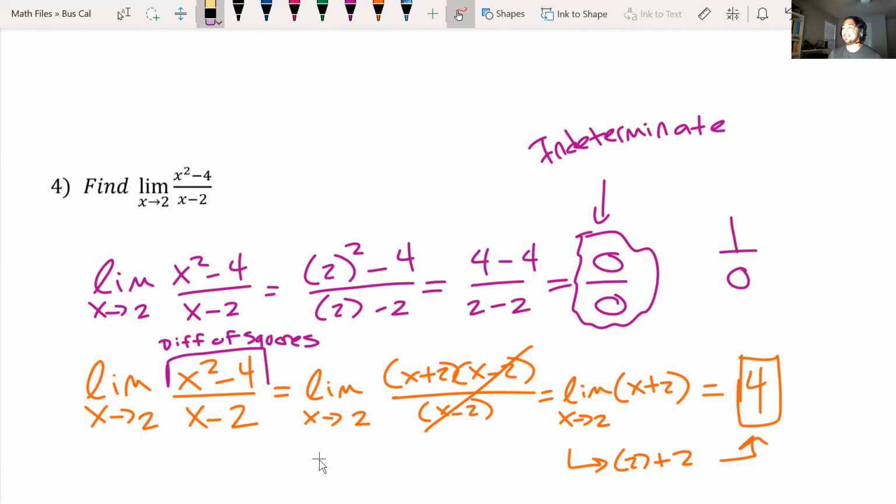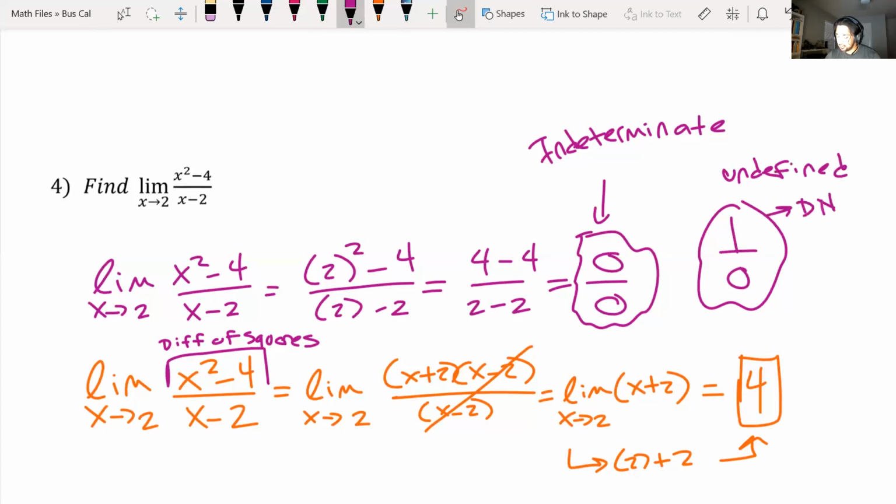Indeterminate's indeterminate. So 0 over 0 and infinity over infinity are the only indeterminate forms. Any number over 0 is called undefined, which if you're messing with limits, will lead to does not exist. But indeterminate can always be fixed. Always.